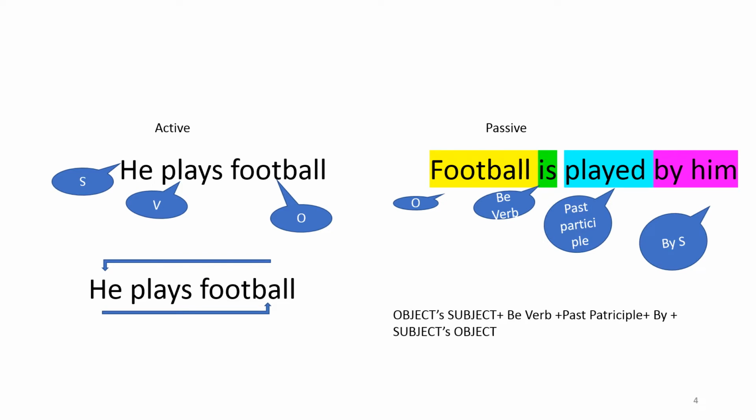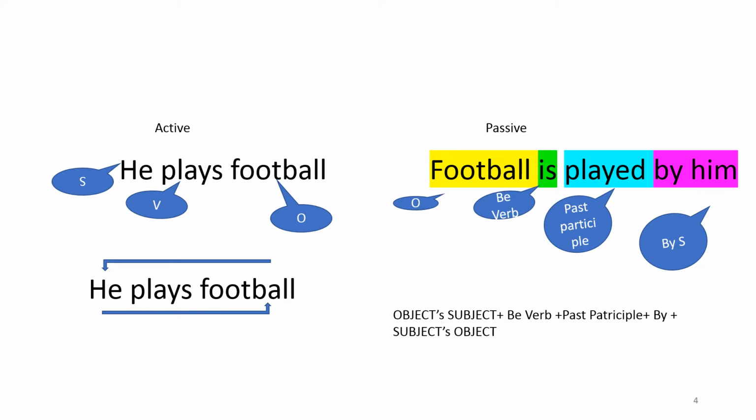The sentence here is a passive voice. As per the syntax, football is played by him is the passive form. Here, if you see, I have written the formula below it. Object, that is football, has come first.